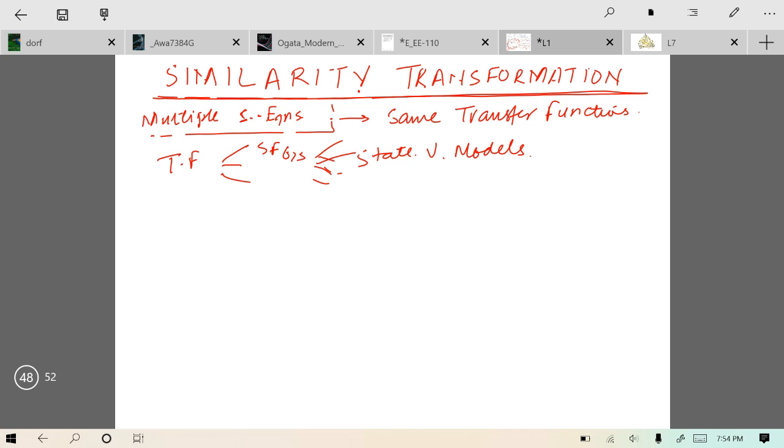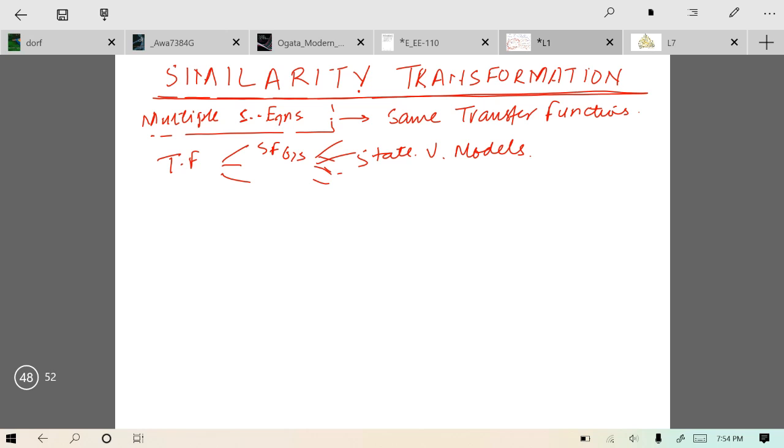We can change our state variables to some other state variables, so that the set we have taken is an ideal set, or it can help us to find e raised to the power at, or the state transition matrix, or some other variables easily.